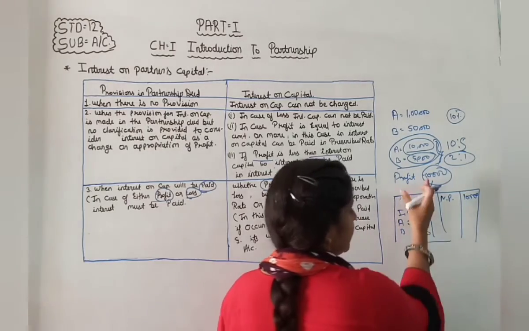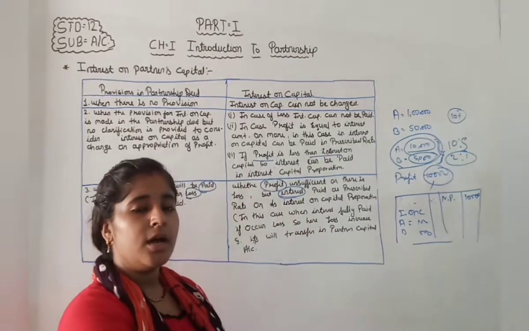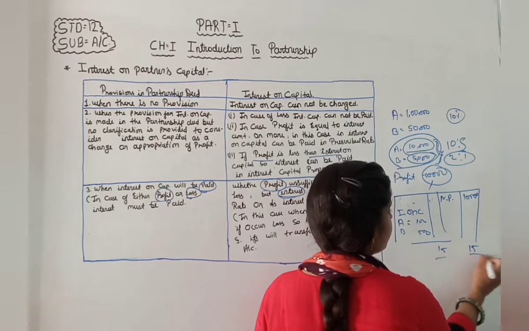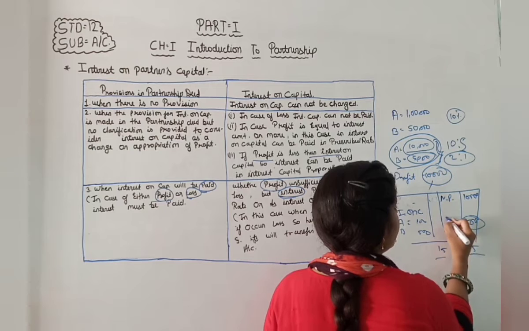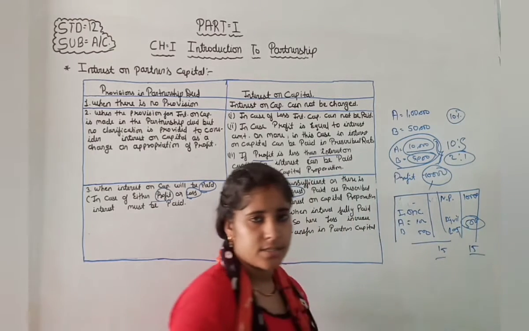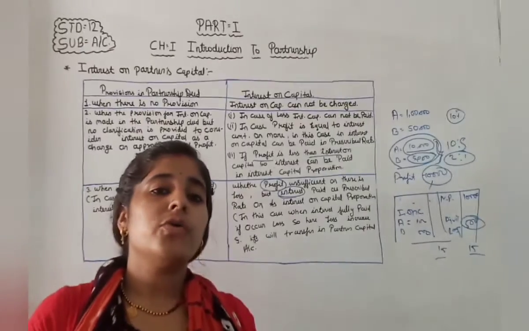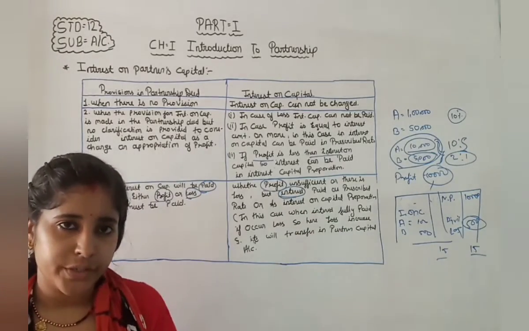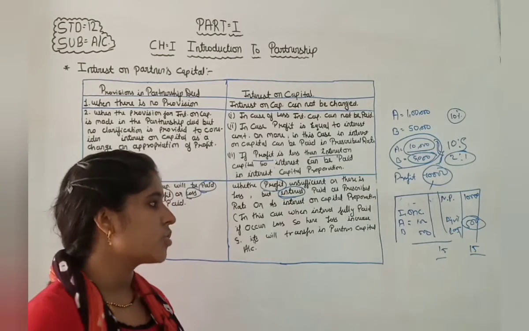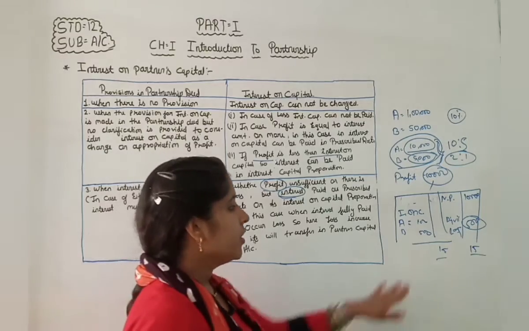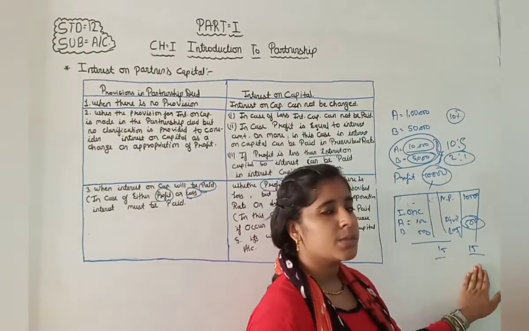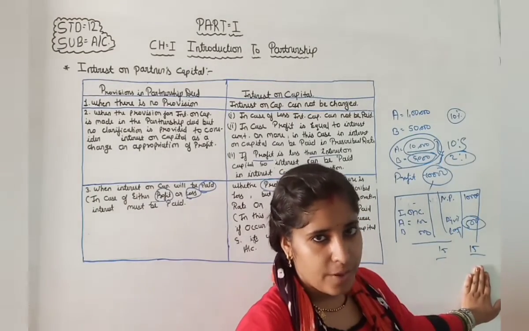Here the debit side balance is more than the credit side, so it creates a divisible loss of 5,000 to the partners. If you have insufficient profit and you must pay interest on capital to partners, the increase in the debit side creates a divisible loss in the partnership firm.